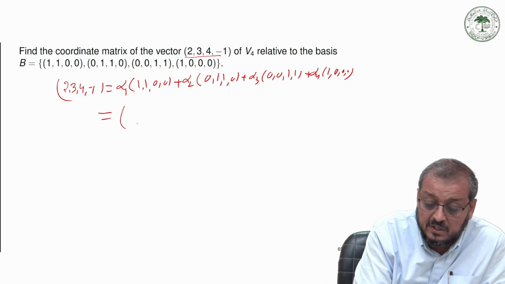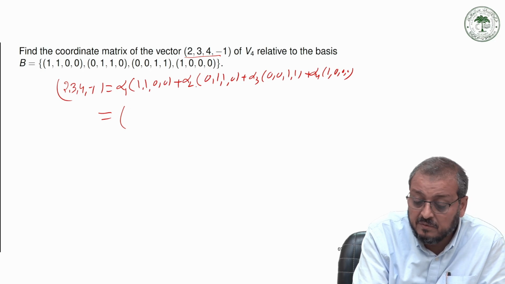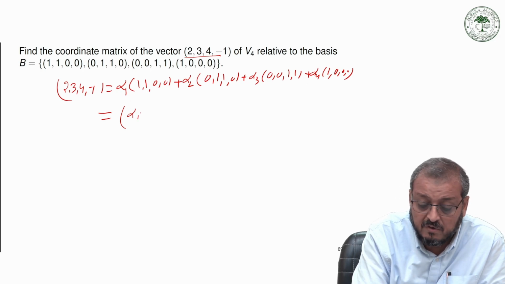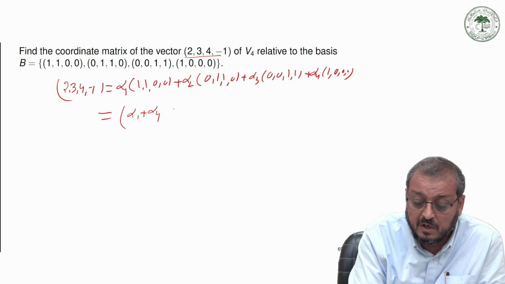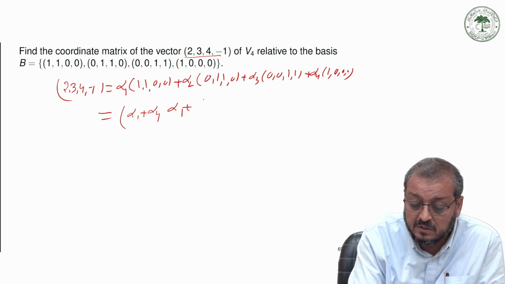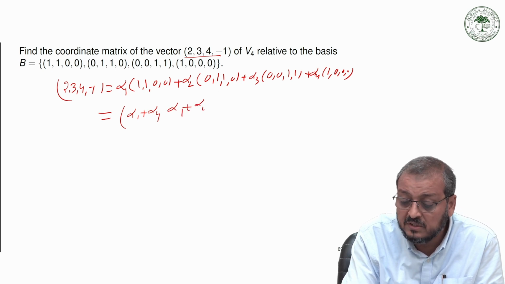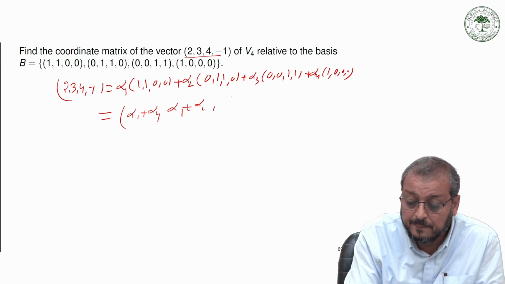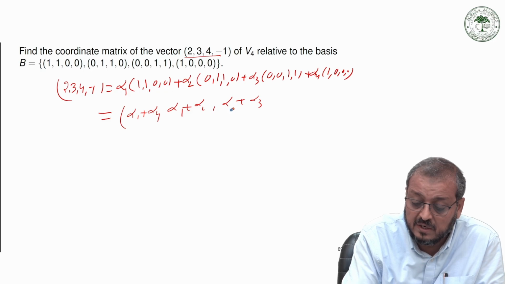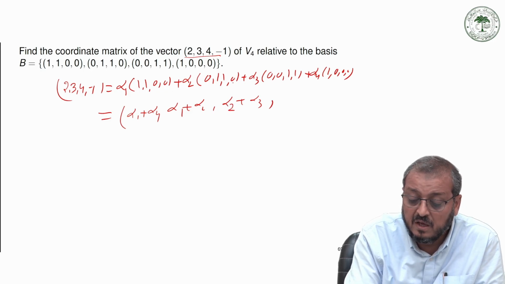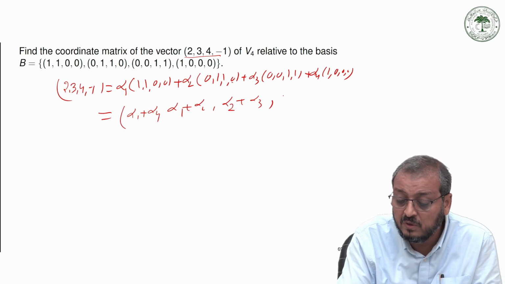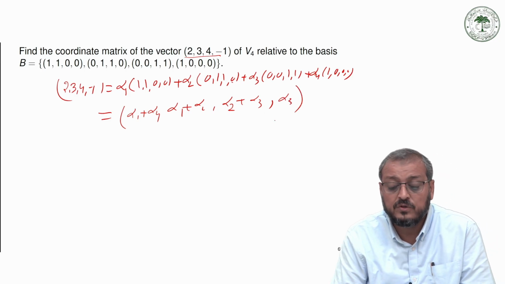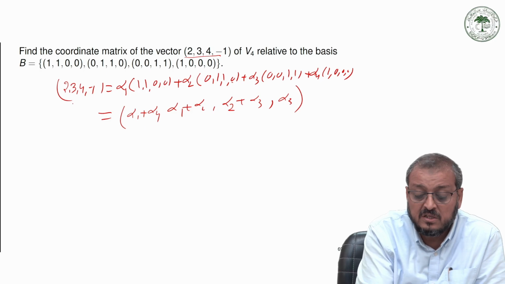Now this can be written as: the first component is alpha 1 plus alpha 4, the second is alpha 1 plus alpha 2, the third is alpha 2 plus alpha 3, and the fourth is alpha 3, with the rest 0.